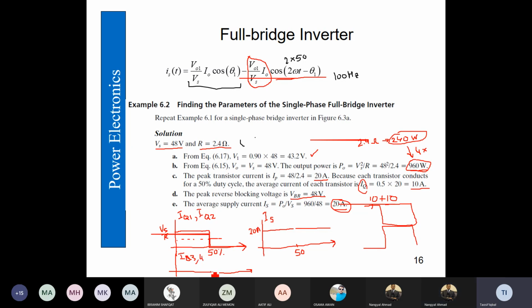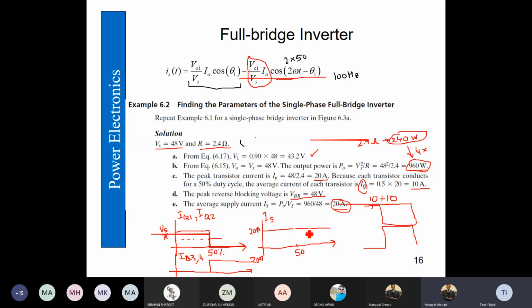So after the 50%, the other side becomes high, and it is equal to 20 amperes. So that is why the supply current is twice of the average transistor current.